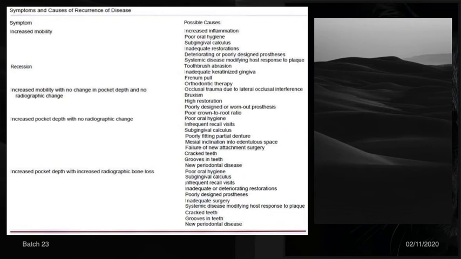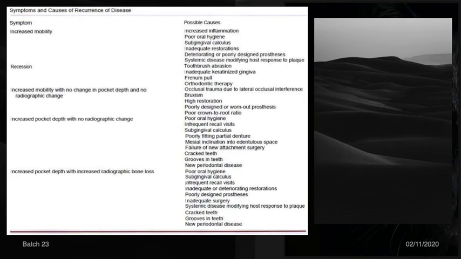If there is an increase in pocket depth with no radiographic changes, the possible cause for recurrence or disease progression may be poor oral hygiene or infrequent patient recall visits. There may be some subgingival calculus left out during the procedure, or a failure in the new attachment surgery, or a crack in the tooth, or poorly fitting dentures.